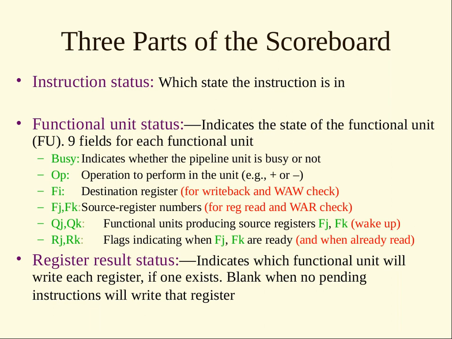QJ and QK: producing the source registers FJ and FK. This is really a wake up. Are we producing it? And then these are flags. FI is the destination. FJ and FK are the two that we're reading from. QJ and QK are producing the source registers for something up here. Do you need to do any type of forwarding?